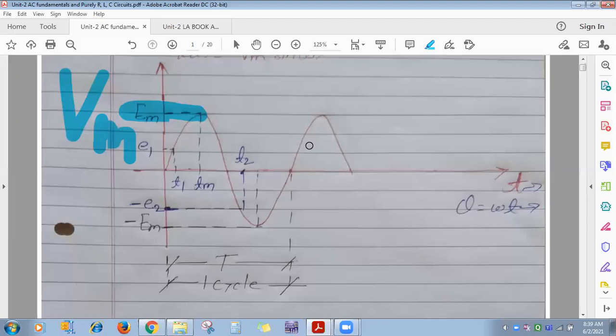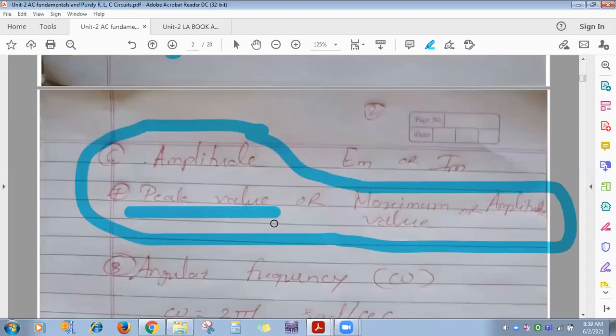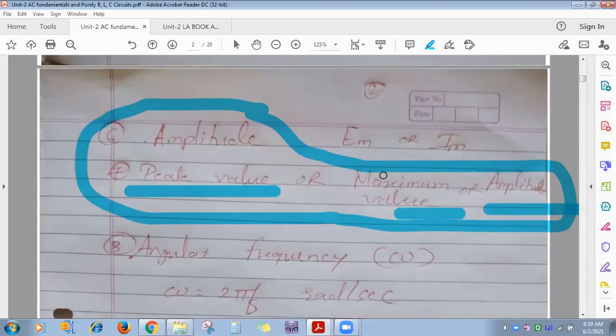The maximum value of an alternating quantity is called peak value, maximum value or amplitude, and it is denoted by a capital letter with suffix M. Capital V suffix M, capital E suffix M for voltage, capital I suffix M for current. So the maximum value of an induced voltage or current is called the peak value, or amplitude.